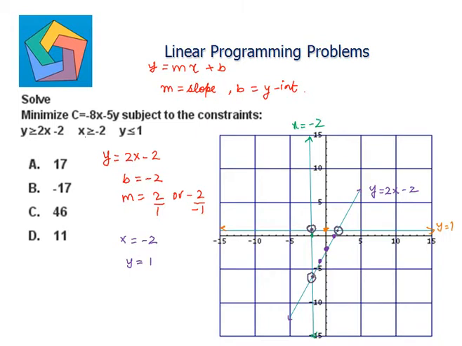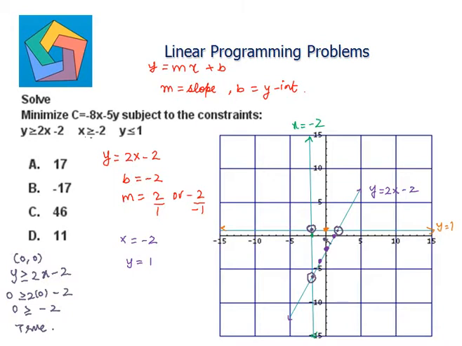The solution region will lie inside this triangle because, let's test the region first of all. Let me take 0, 0 as the point and put it in y greater than or equal to 2x minus 2. 0 is greater than or equal to 2 times 0 minus 2, that is 0 is greater than or equal to negative 2, which is true. So the solution lies above this line, which contains the point 0, 0.